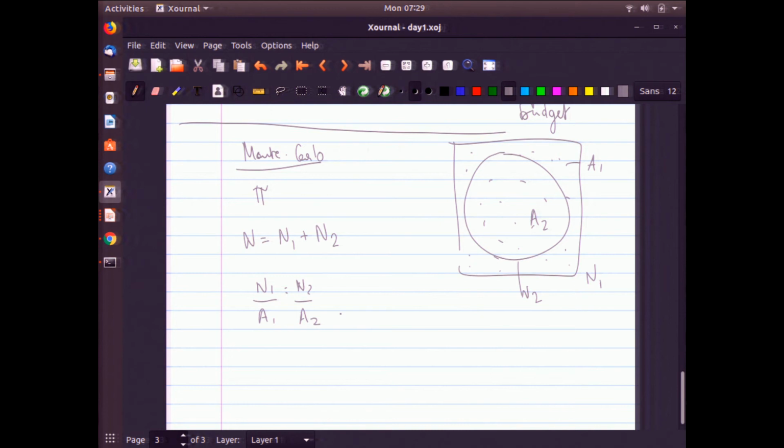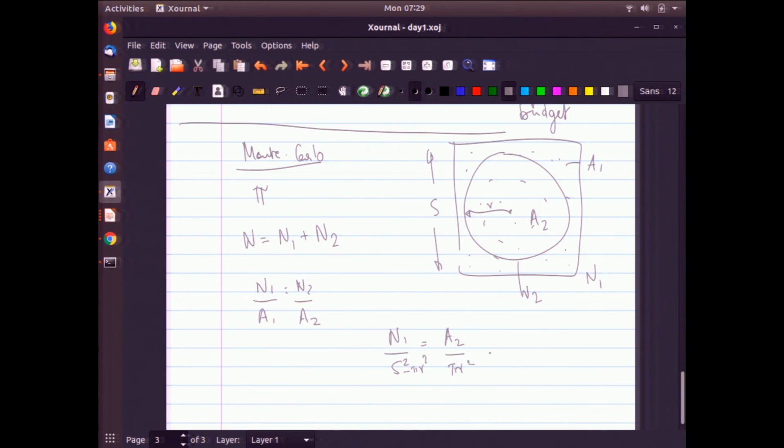So if you know this length of the side S, and if you know the radius, these are all easily measurable on your drawing, then you should be able to easily write n1 divided by s squared equals n2 divided by pi r squared, where the area A1 is s squared minus pi r squared and A2 is pi r squared, right?